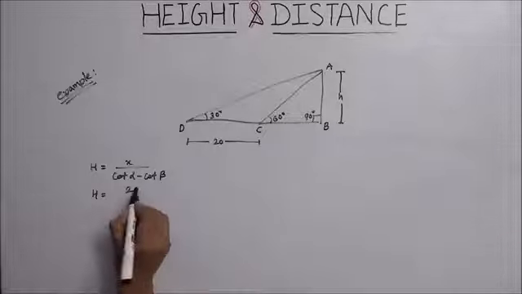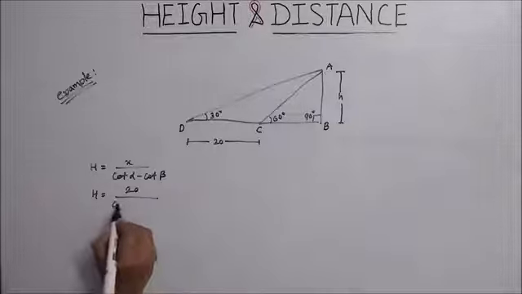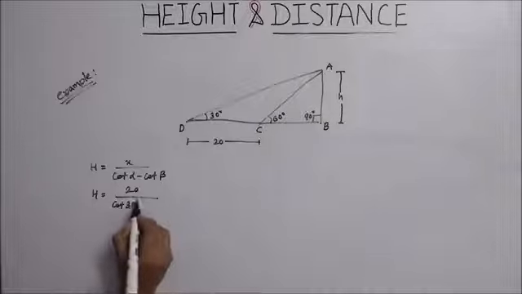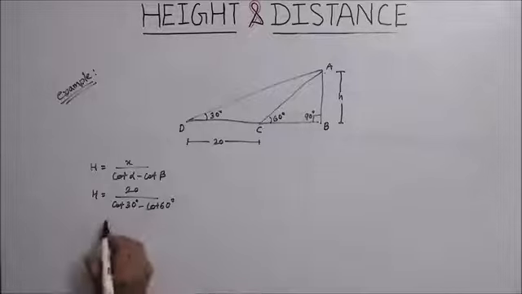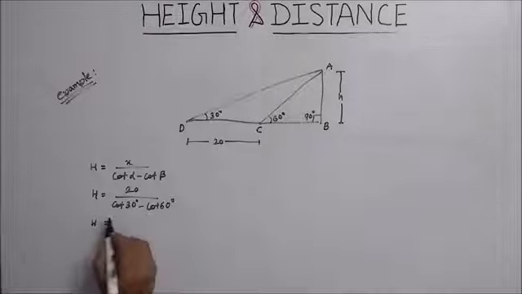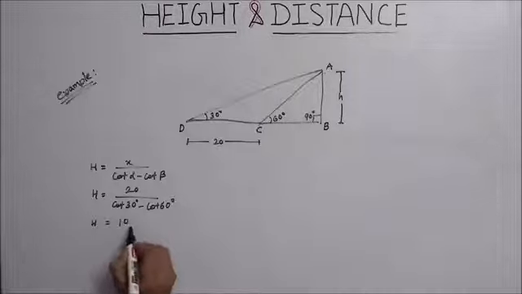Here x is 20, cot 30 degree minus cot 60 degree, and you will get the height equal to 10 root 3.